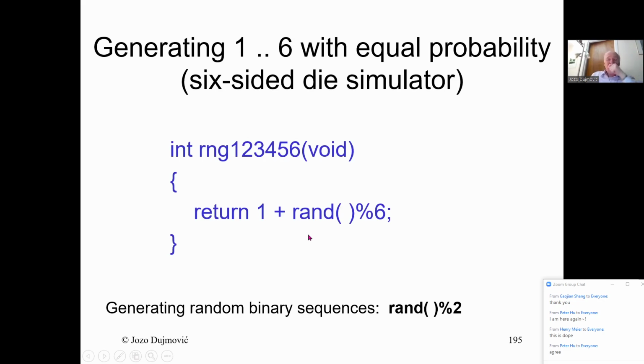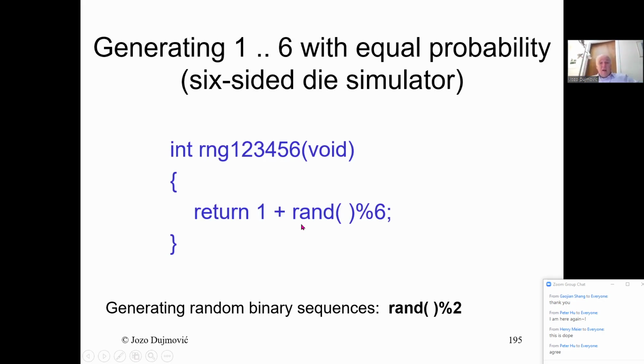RAND is a random number generator that is part of the standard library, stdlib.h, or in namespace std, you find the RAND generator, and what you are getting from that generator is an unsigned integer between 0 and the maximum value RAND_MAX.